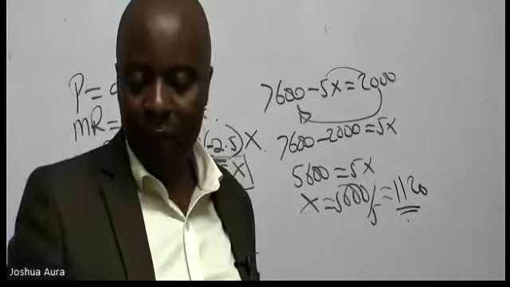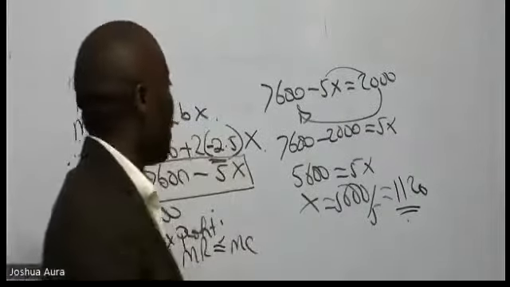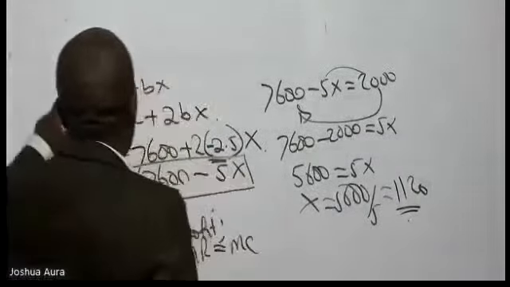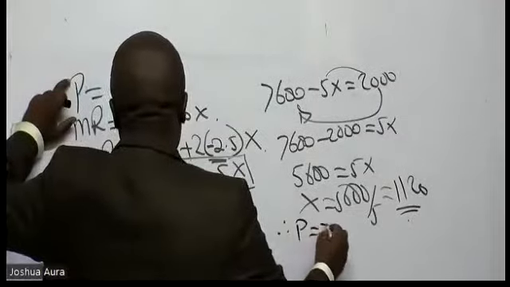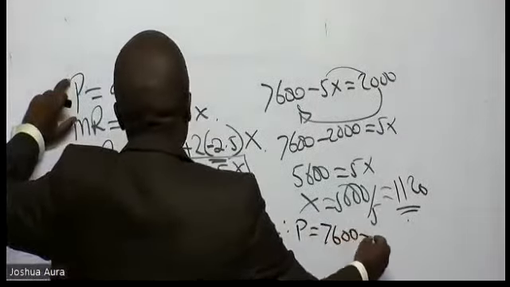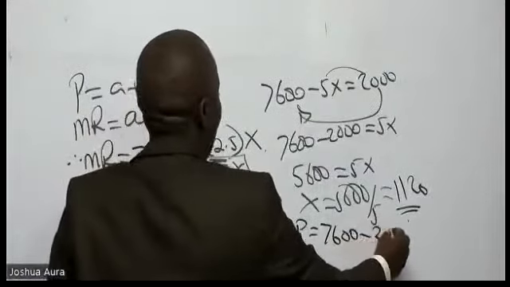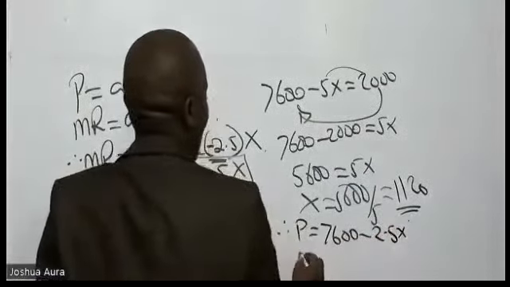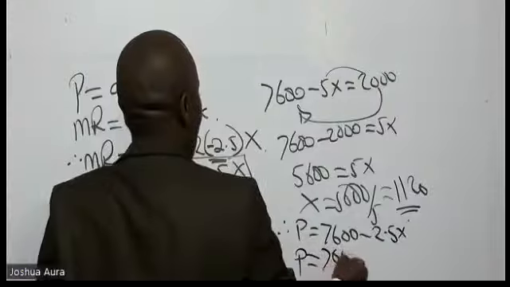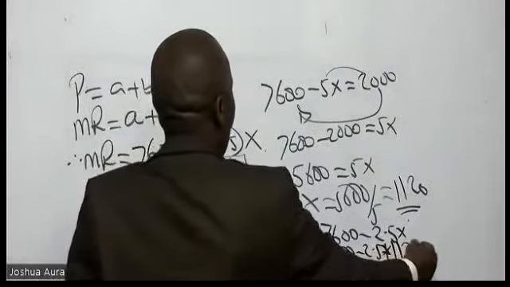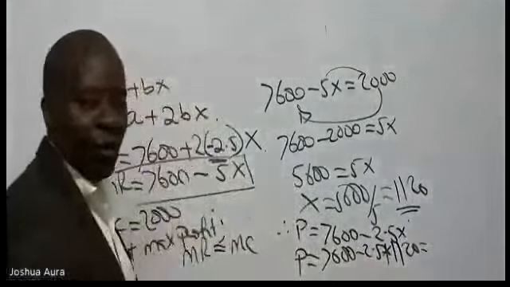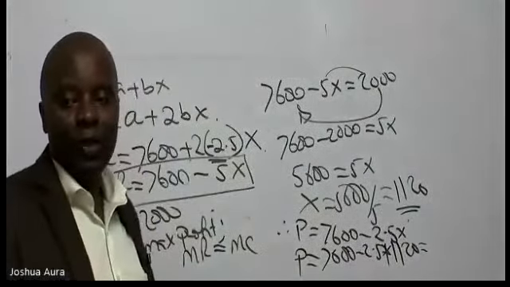The price. So they want price, and we know the price function. Our price function was 7,600 minus 2.5 times X, where X is 1,120, which will end up giving me what figure as my fees?